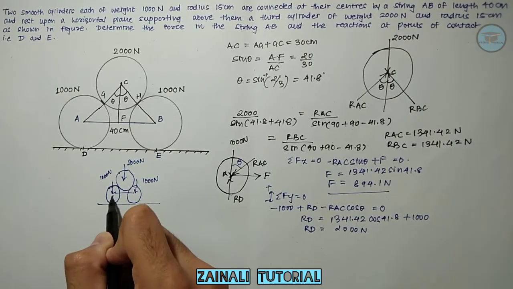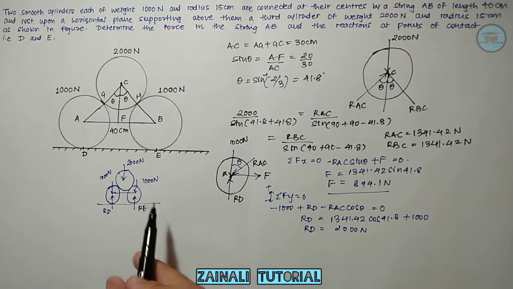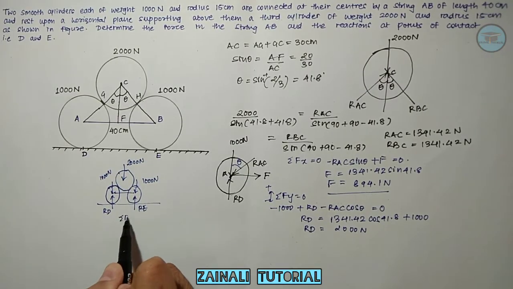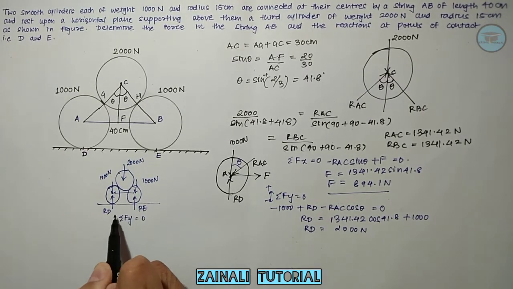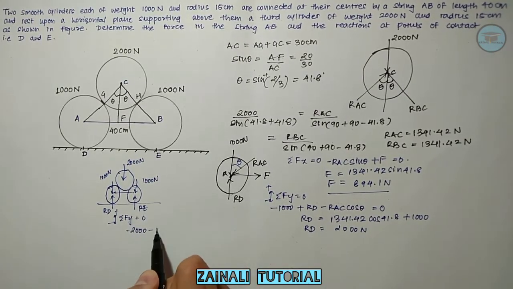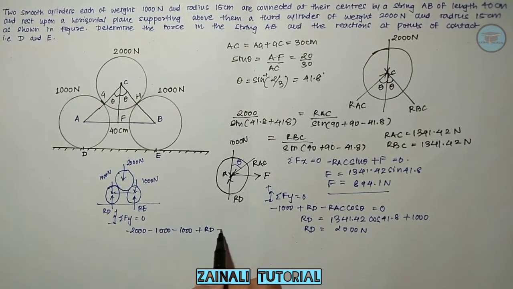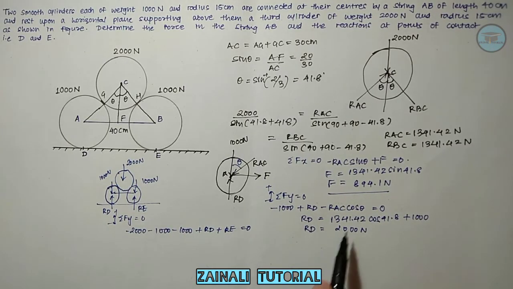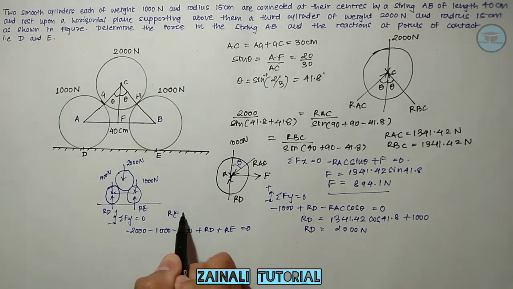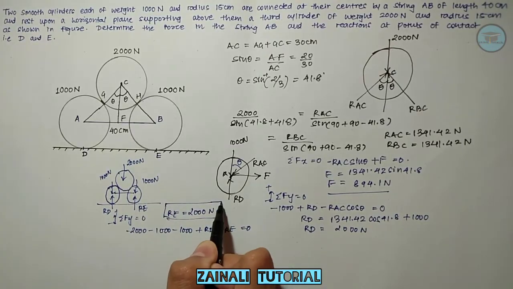Also there would be a reaction at points D and E, so this is RD and this is RE. Now we apply the condition of equilibrium sigma Fy equals 0, upward force positive, downward force negative. So minus 2000 minus 1000 minus 1000 plus RD plus RE equals 0. From this, RD that we have determined as 2000 Newton, so RE can also be given as 2000 Newton only. We can also determine it from the symmetry of the figure.